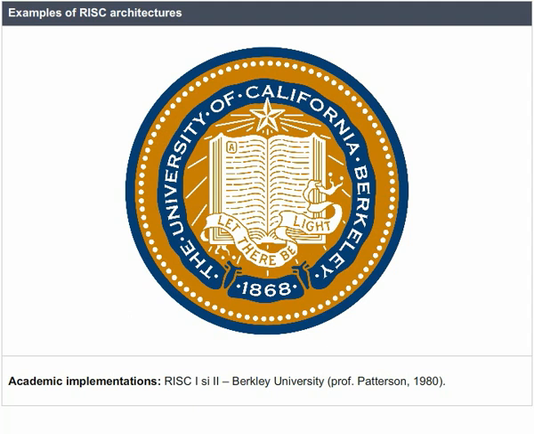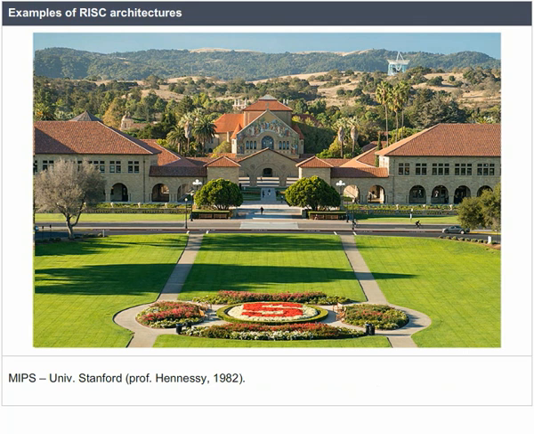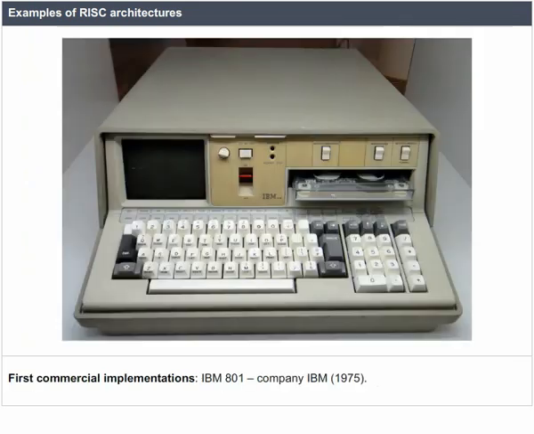Examples of RISC architecture. Academic implementations. RISC 1, 2. Berkeley University, Professor Patterson, 1980. MIPS, University of Stanford, Professor Hennessy, 1982. First commercial implementations.